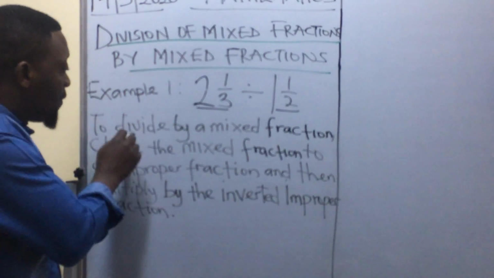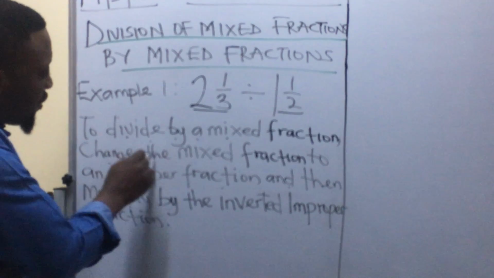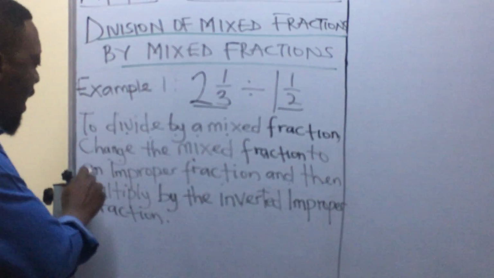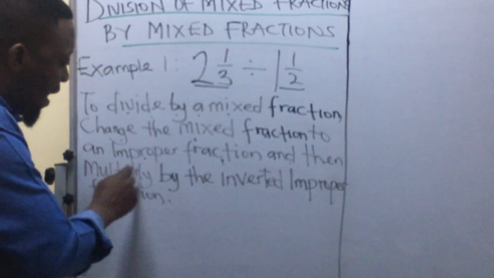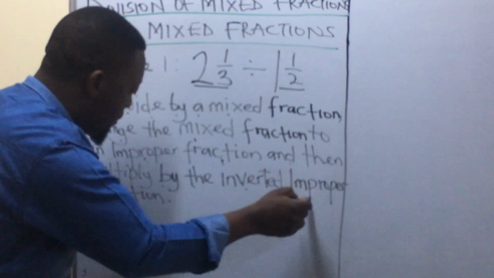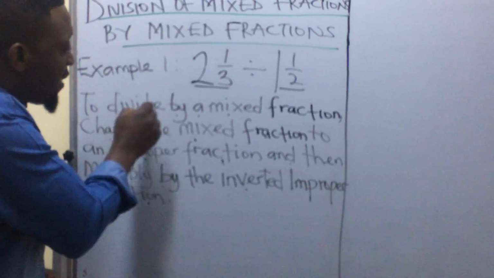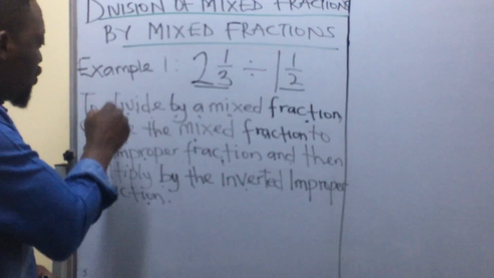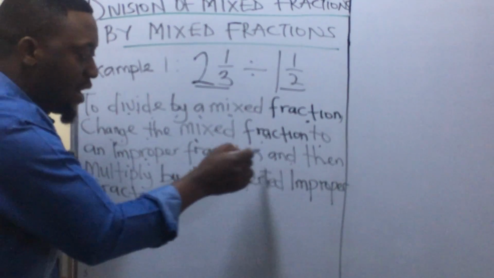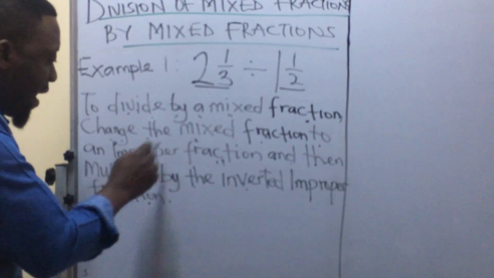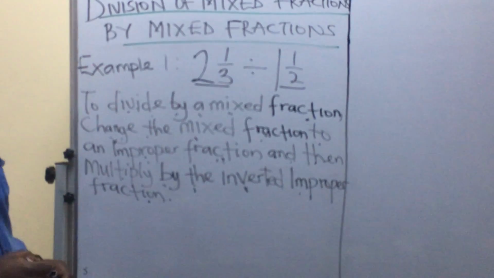Now, to divide by a mixed fraction, change the mixed fraction to an improper fraction, and then multiply by the inverted improper fraction. I repeat, to divide by a mixed fraction, change the mixed fraction to an improper fraction, and then multiply by the inverted improper fraction.